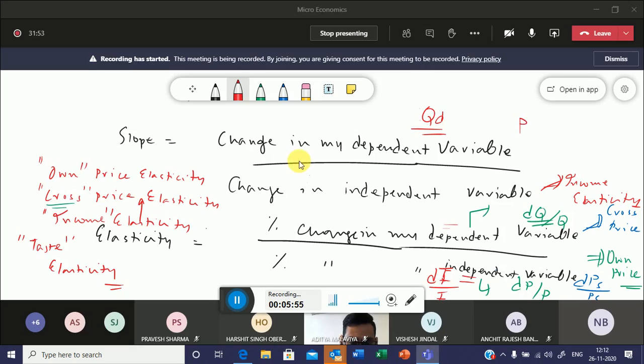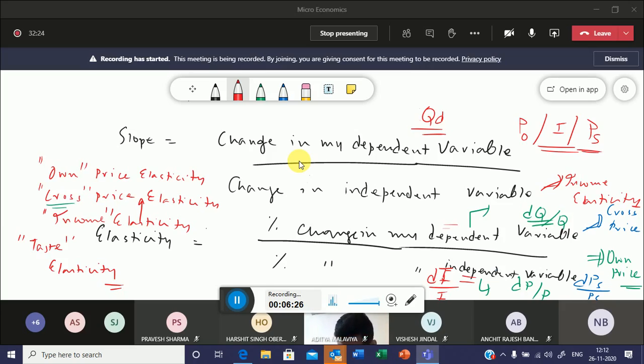It can be price, it can be income, it can be own price, which I'm calling Po, it can be price of substitute. Depending upon which variable I have in the denominator, or which one is my independent variable, I will be calling that own price, cross price, or income elasticity.